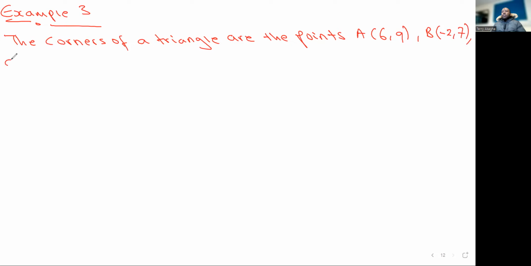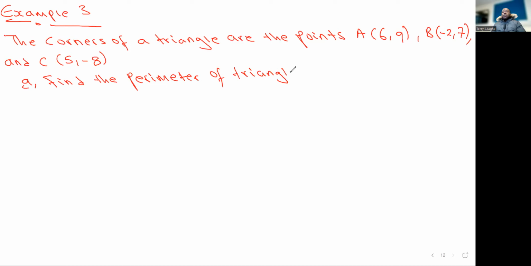And C is at 5 and -8. The question now said, find the perimeter of triangle ABC.